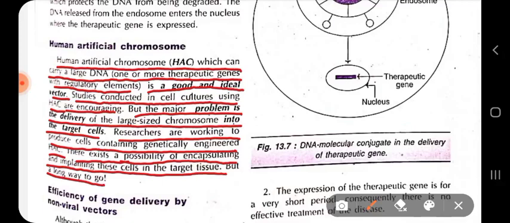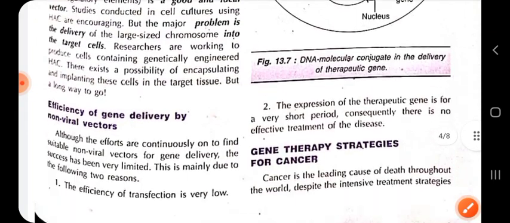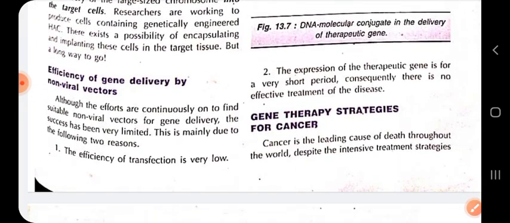Now, what is the efficiency of gene delivery by a non-viral vector? Well, viral vectors are made to be targeted to infect the cells, but here we are using it for all the cell types.